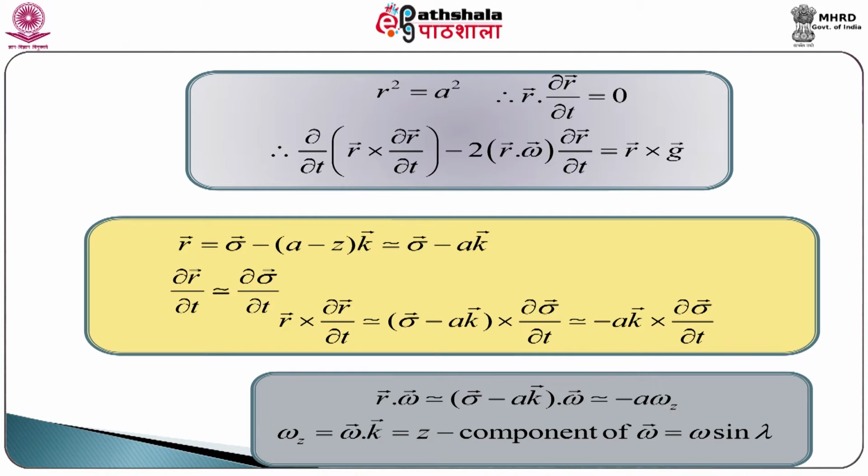Thus, replacing r and del del t of r vector, we finally get the approximate value of r vector cross del del t of r vector as minus a k vector cross del del t of sigma vector. Here we have neglected the term sigma vector cross del del t of sigma vector, as we have assumed that product terms of small quantities can be neglected.